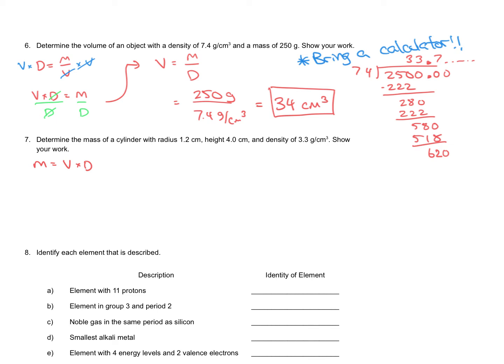Okay, so I'm going to have to calculate that first. So I'll erase this. I'm going to start by calculating the volume of a cylinder. You will be provided with these formulas for volumes. So for a cylinder, it's pi times r squared times h.